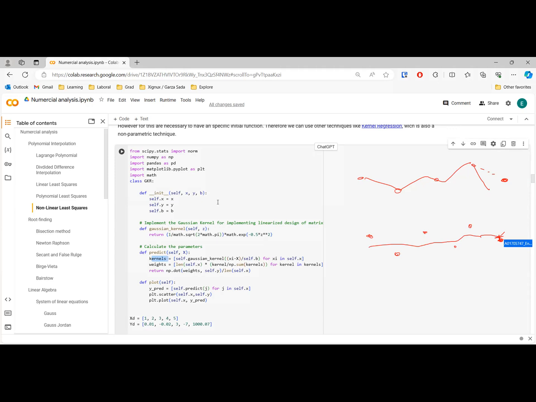This problem is overfitting. Here we have overfitting, and here is good, for example, and we can also have underfitting.